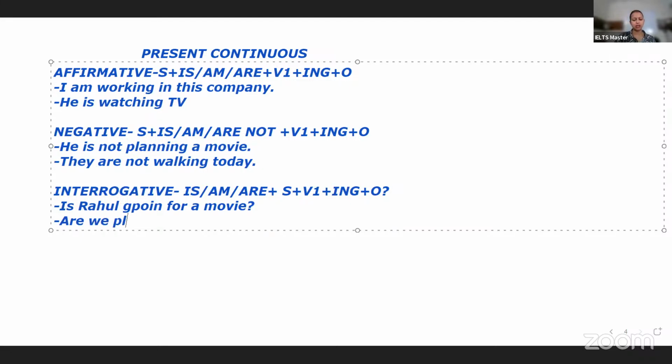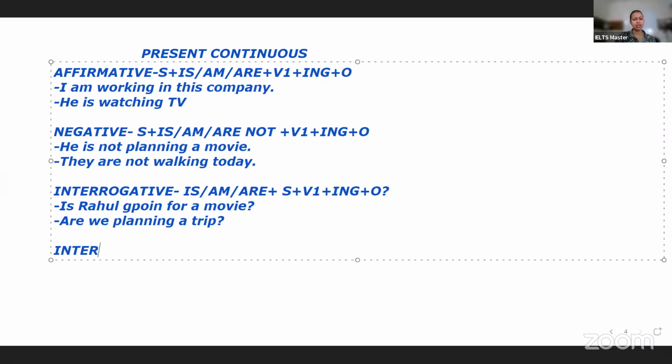Are we planning a trip? And if it is the interrogative negative, you could say, is or are will be in front, then the subject.